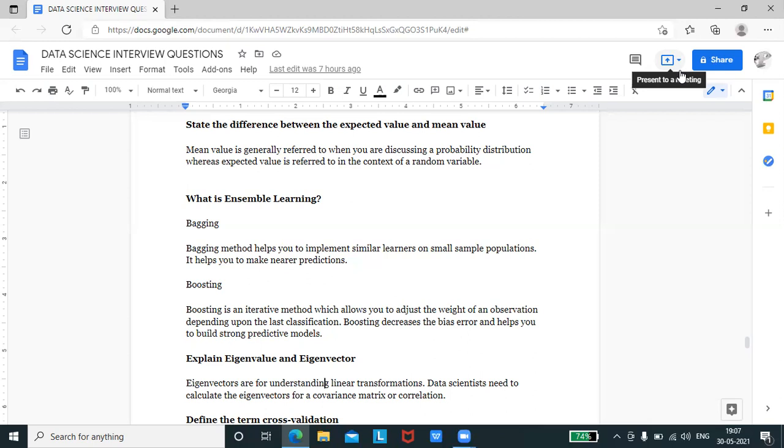Bagging is an acronym for bootstrap aggregation and is used to decrease the variance in the prediction model. Bagging is a parallel method that fits different considered learners independently from each other, making it possible to train them simultaneously.